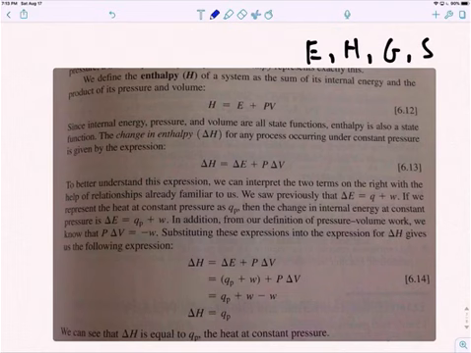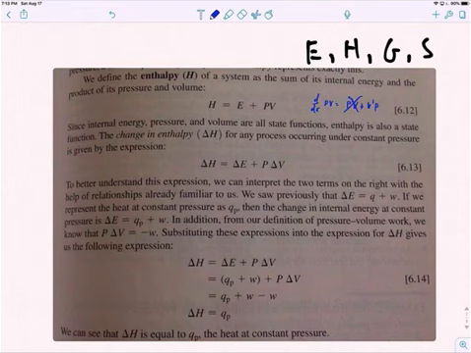If you know your calculus, the derivative of pressure times volume is going to be P prime V plus V prime P. And if pressure is constant, there is no change in pressure, so it's just the derivative of the volume.